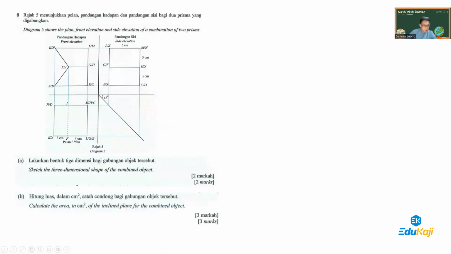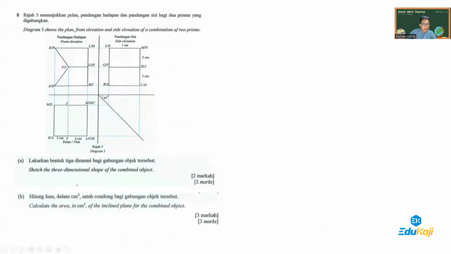Question 8. Here I have the front elevation, side elevation, and the plan view. I want to draw back the three-dimensional shape.